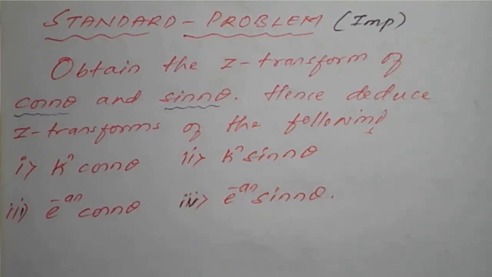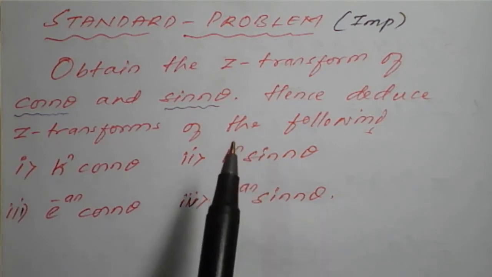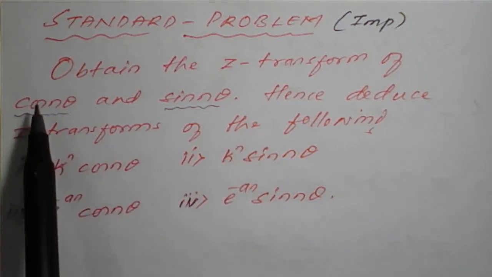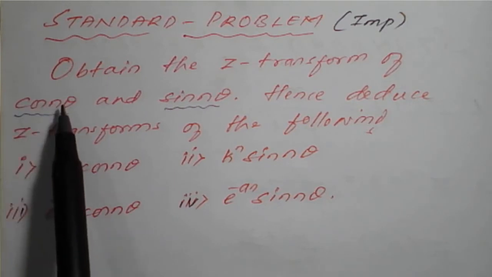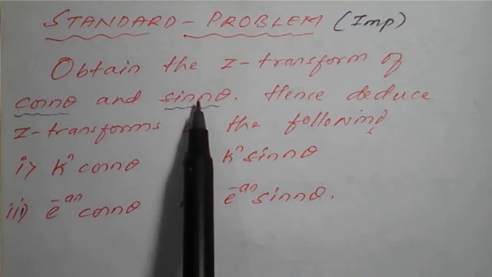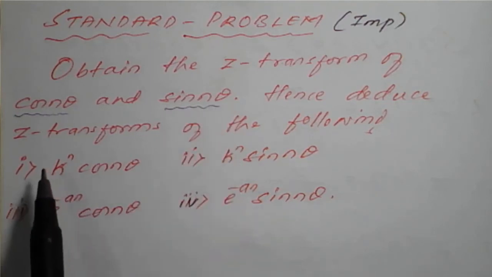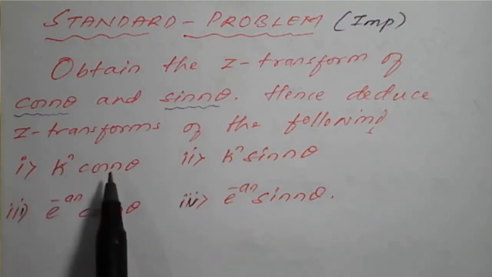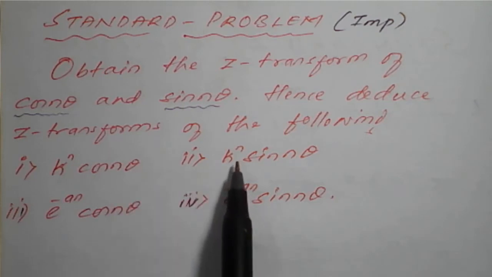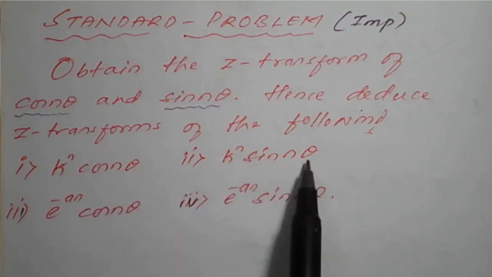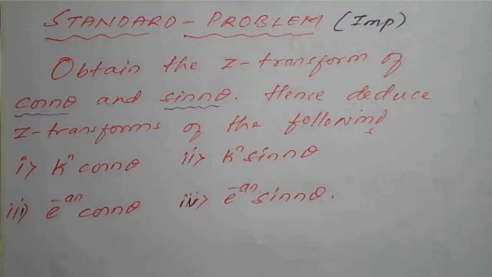One of the very important questions, in which we are finding the formula for the z transform of cos n theta and sin n theta, as well as the z transform of k raised to n cos n theta and k raised to n sin n theta, and similarly the remaining ones.